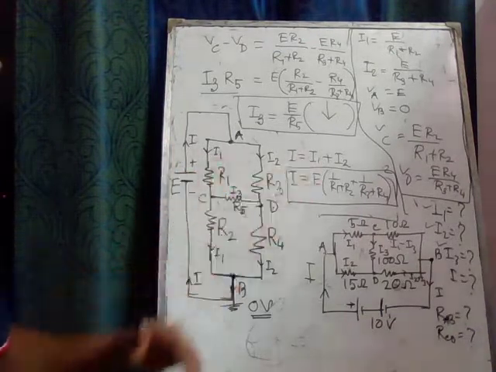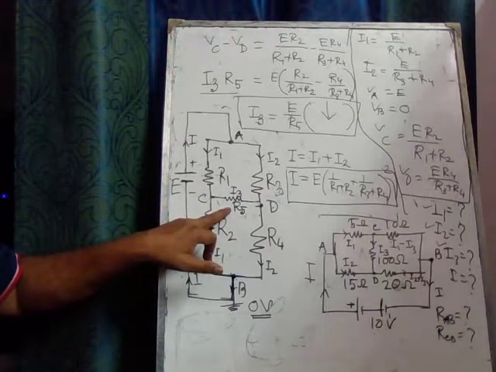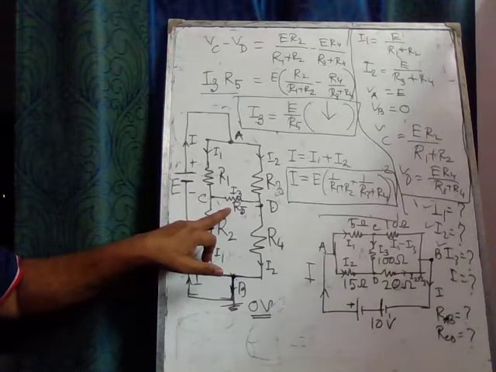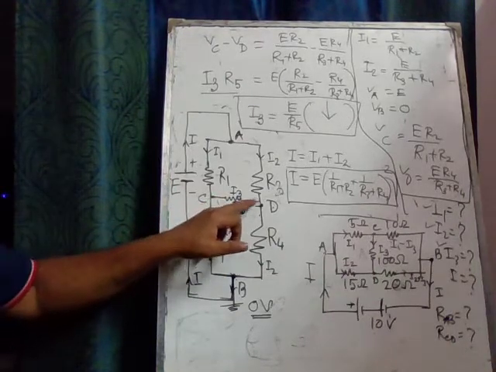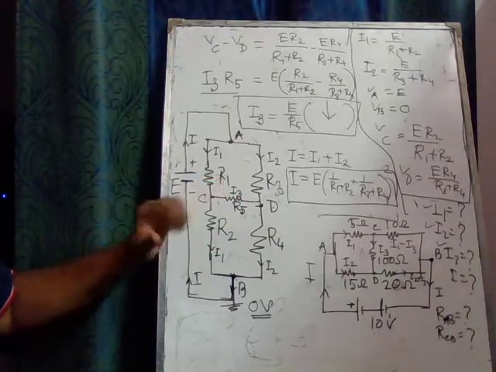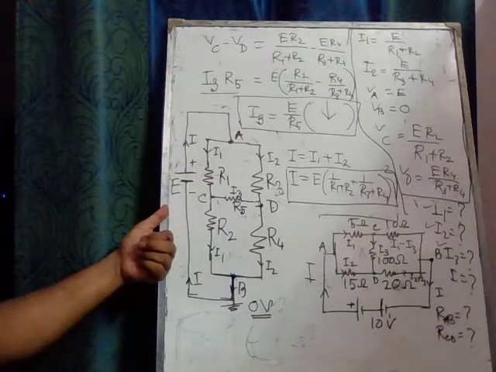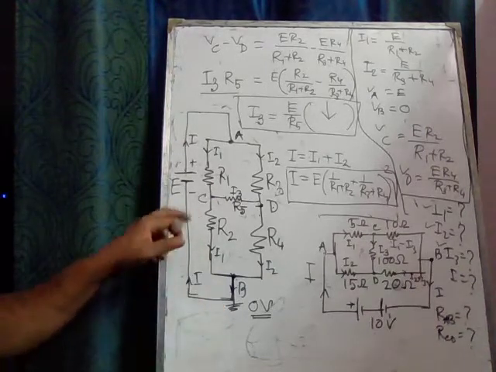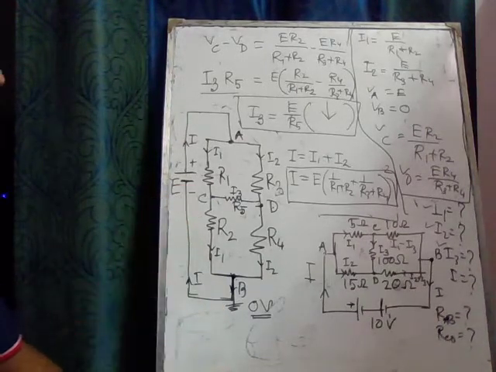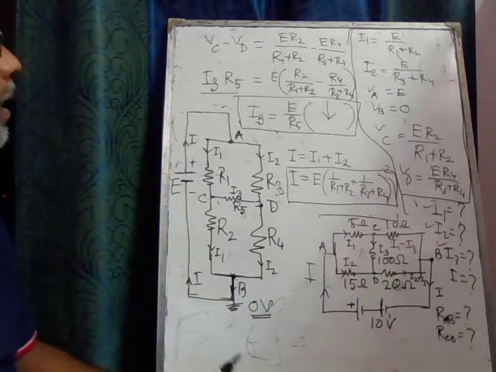In a Wheatstone bridge circuit, this resistance R5 is represented by a galvanometer. So between C and D we connect a galvanometer, and between A and B we connect the energy supply, or the source of potential. A battery is connected. So we have all the necessary calculations.